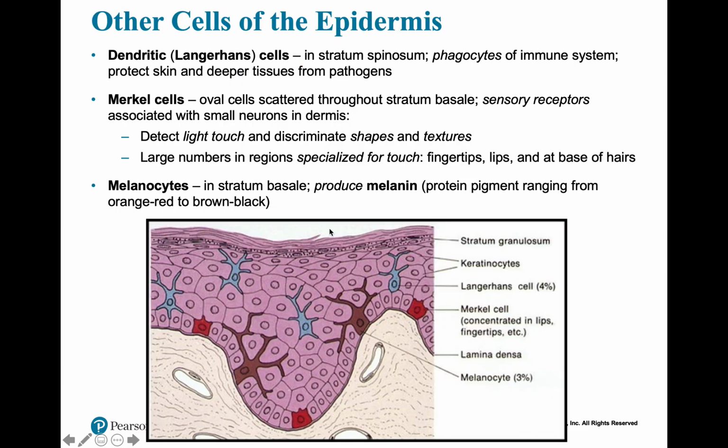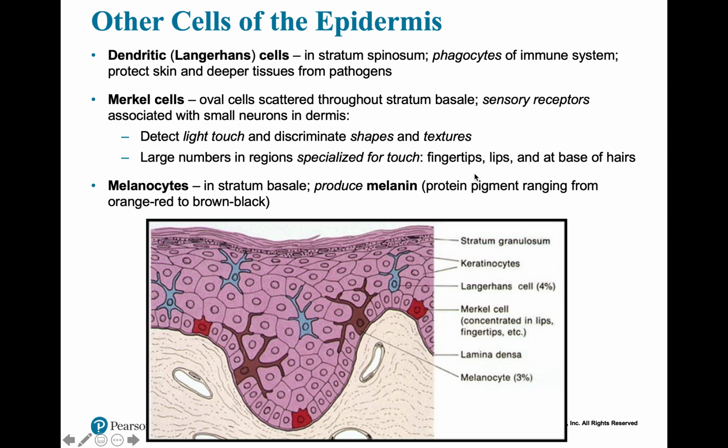Melanocytes produce a pigment molecule called melanin. So it's a pigment, a protein pigment. It's what not only gives color, we'll talk about skin color a little bit later on in the chapter, but it not only gives us our skin color, but it offers protection against UV radiation.